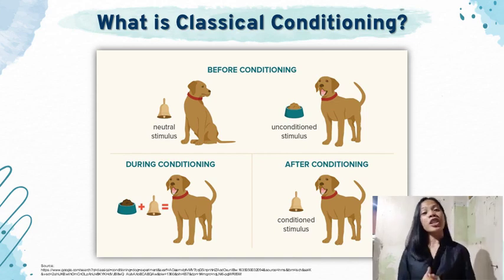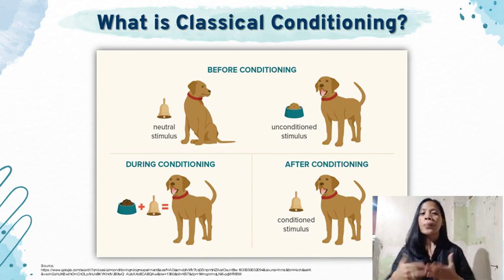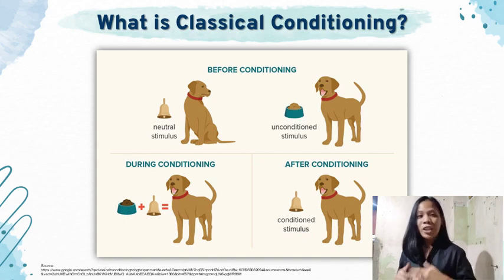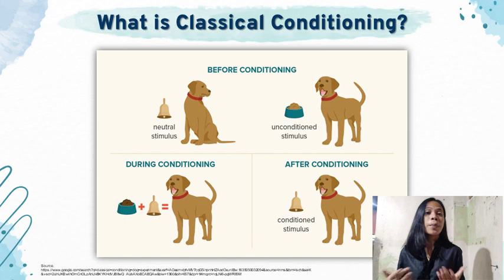Going back to the definition, classical conditioning occurs when two stimuli are paired together repeatedly. So if we repeat the process of ringing the bell before presenting the food, over time the dog will be conditioned to respond to the bell. Now the dog will salivate upon hearing the bell even in the absence of food.